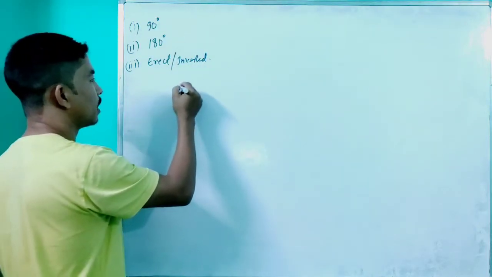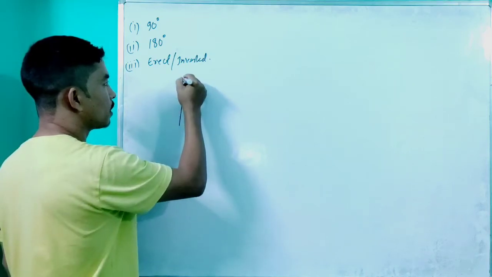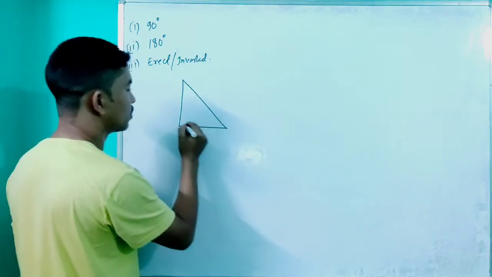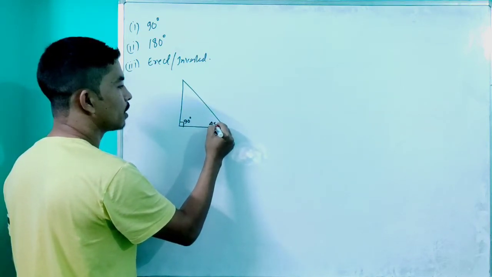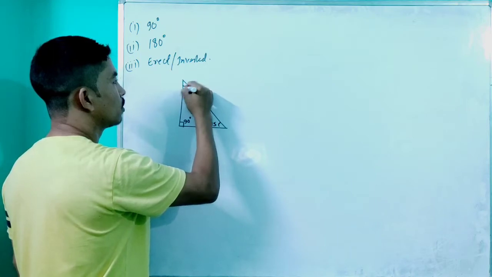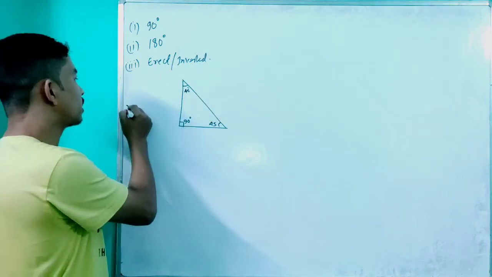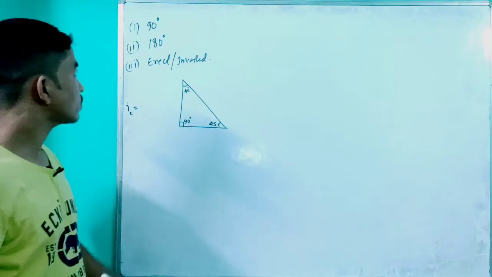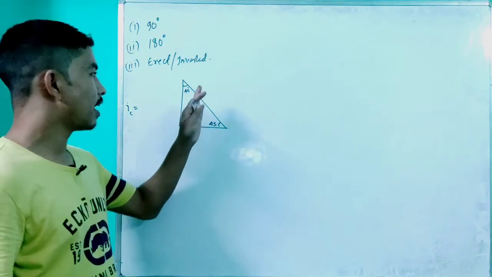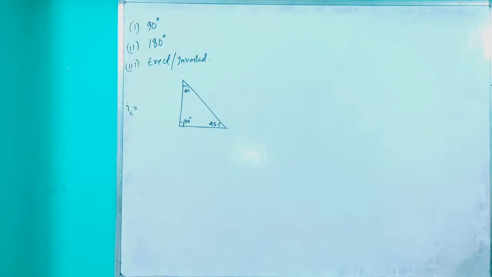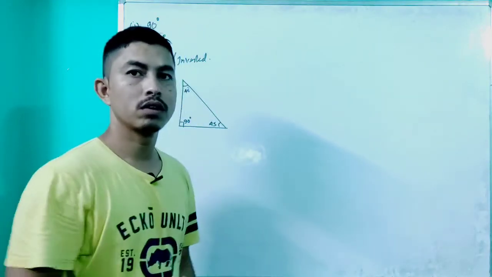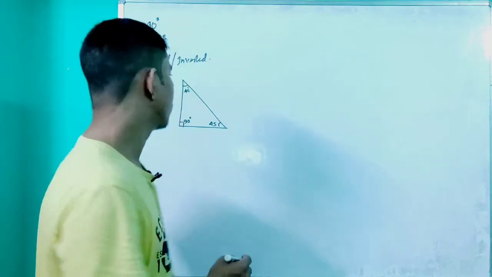In the first case, if I want to deviate a ray of light by 90 degrees, I draw a right angle isosceles prism. One of the angles is 90, so the other two remaining will be 45 and 45. Also remember that the critical angle ic for glass and air is 42 degrees.